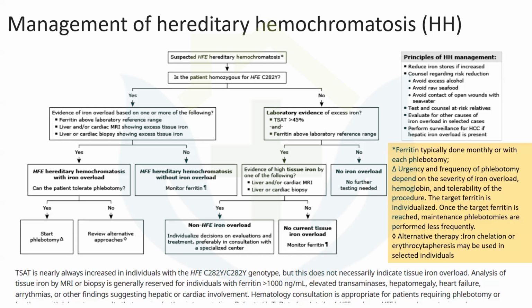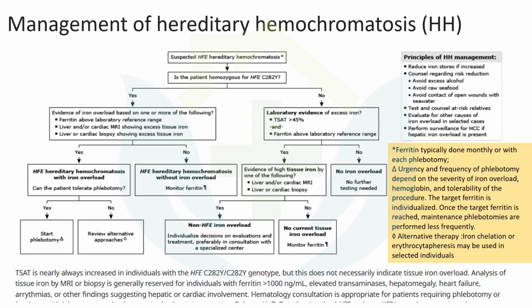But in other cases we just have to monitor the iron profile at frequent intervals, whether it is increasing or not. So the main issue is that, based on the ferritin, we have to monitor the ferritin every month and with each phlebotomy, and the urgency and the frequency of phlebotomy depend on how severe the iron overload is.